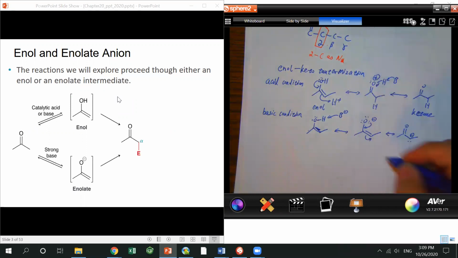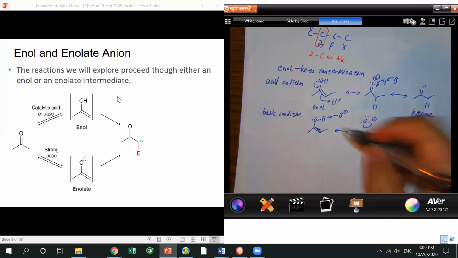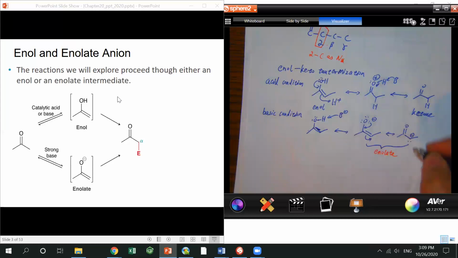Eventually this enolate can pick up a proton from HB, some base, so it can give back the hydrogen and give the final ketone.